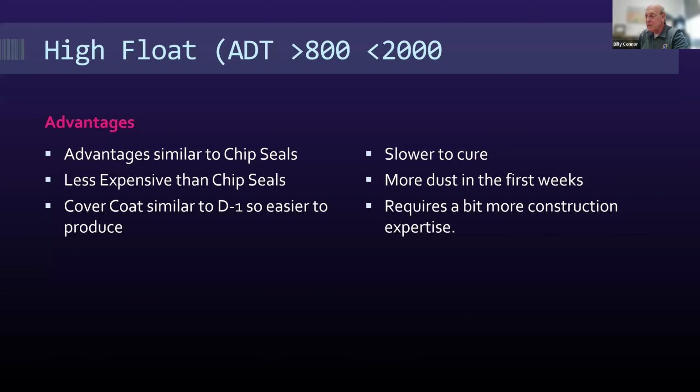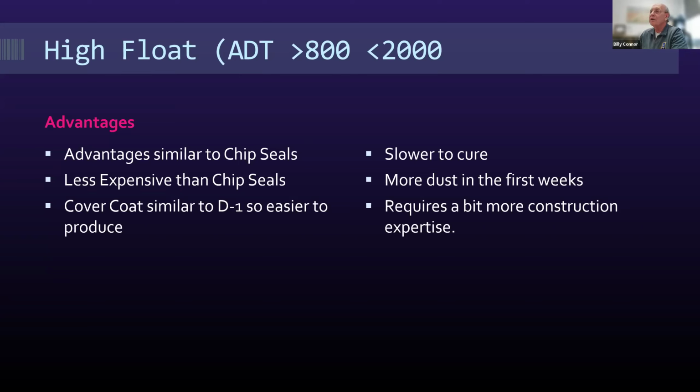High float is a slightly different method of chip seals or asphalt surface treatments. In most cases it acts very much like a chip seal. It looks a lot like a chip seal, a little bit rougher in most cases.